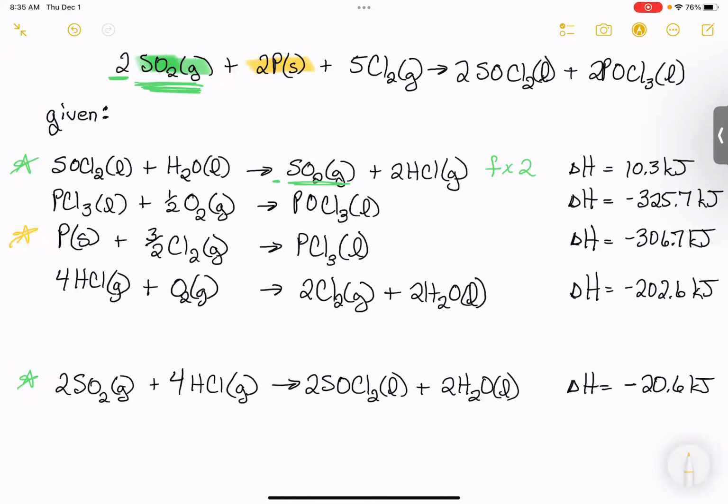I need phosphorus as a reactant. That's fine because my phosphorus is a reactant. I need 2 phosphoruses though, but I only have 1. So I'm going to have to multiply that third equation by 2.